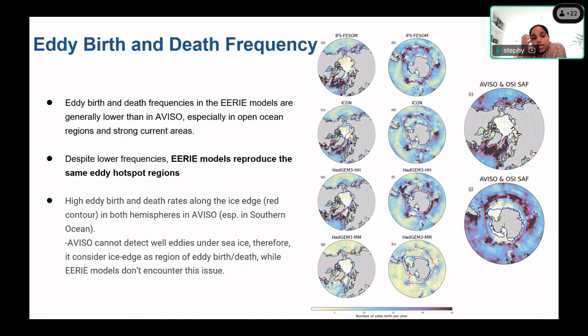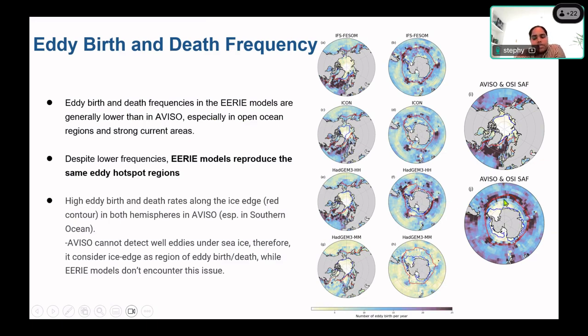And then when we look at the eddy birth and death frequency, compared to the observations, the frequency is slightly lower in the models. And also the AVISO seems to overestimate the birth and death frequency close to the ice edge.